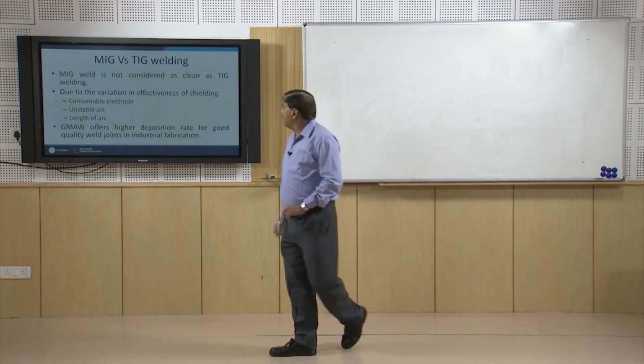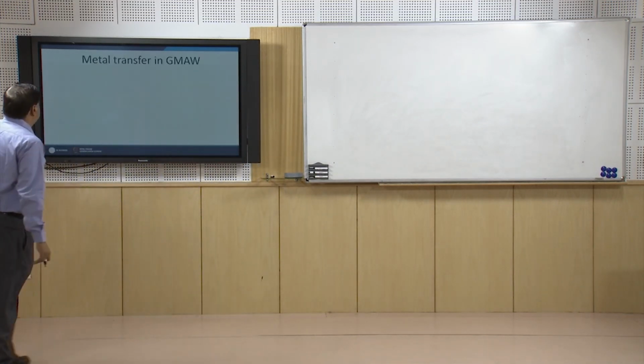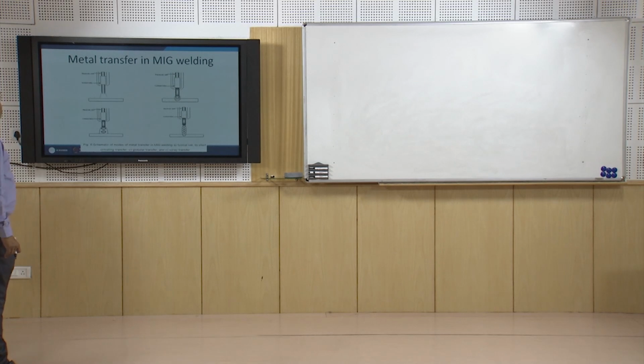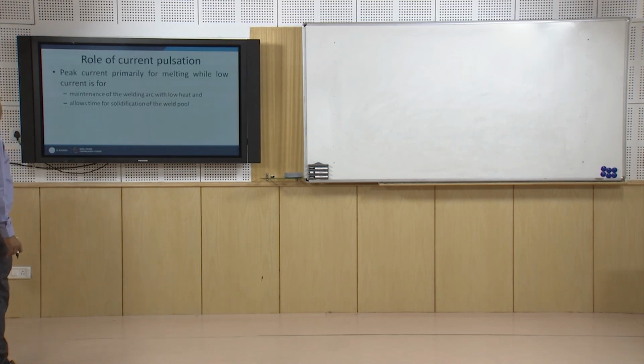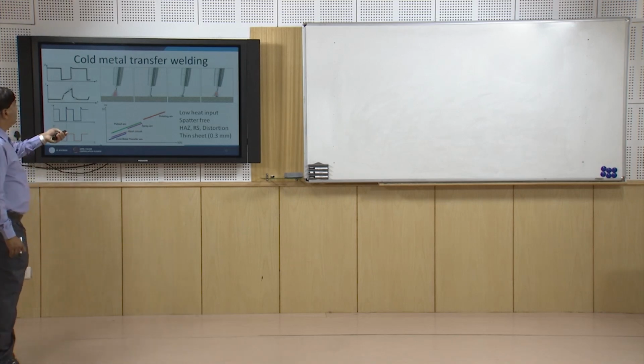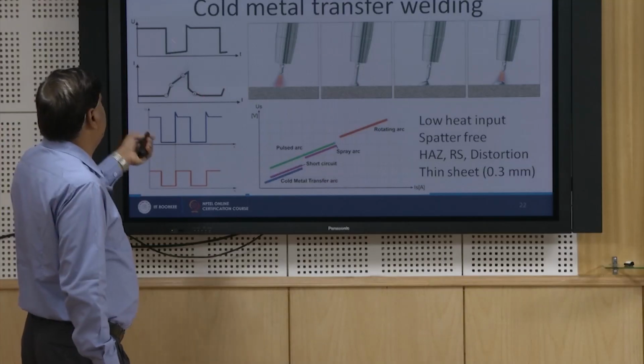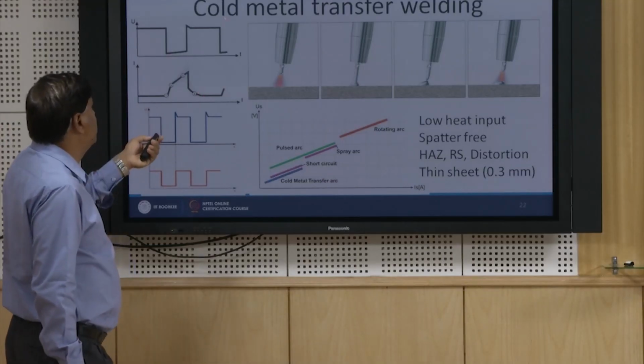Now we will see some of the diagrams related to this transfer. In cold metal transfer welding, the current value is regulated as per the requirement, and accordingly the voltage also changes.